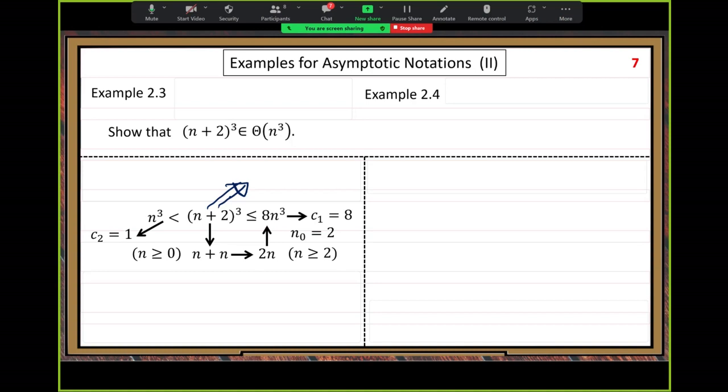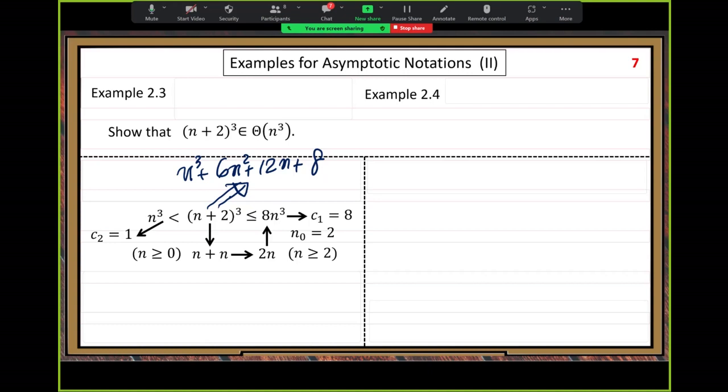They expand it first, writing n cubed plus 6 n squared plus 12n plus 8.